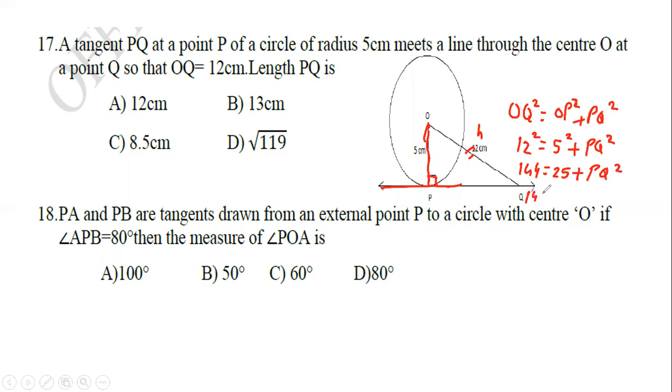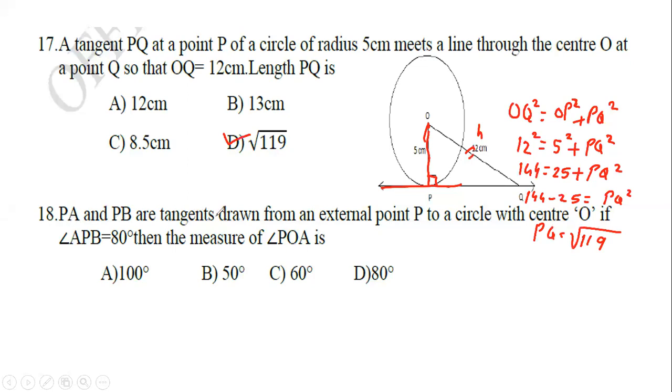So 144 minus 25 is equal to PQ square. So PQ is equal to square root of 144 minus 25, which is equal to 119. So which option is right? Option D is correct.